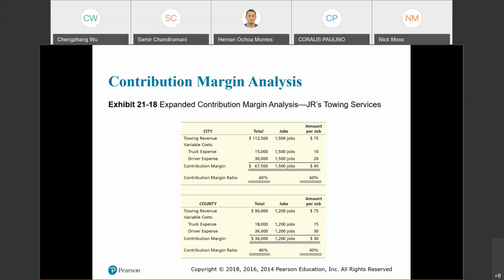So by looking at the per unit information, we can have the analysis in greater detail.